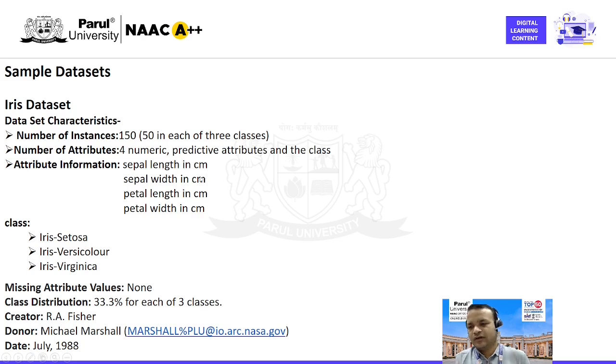All these four attributes are considered numeric, because the centimeter unit is always numeric.